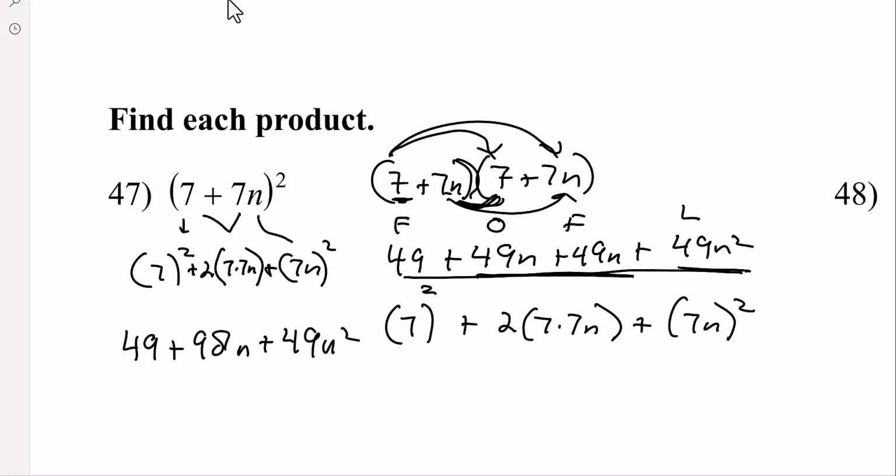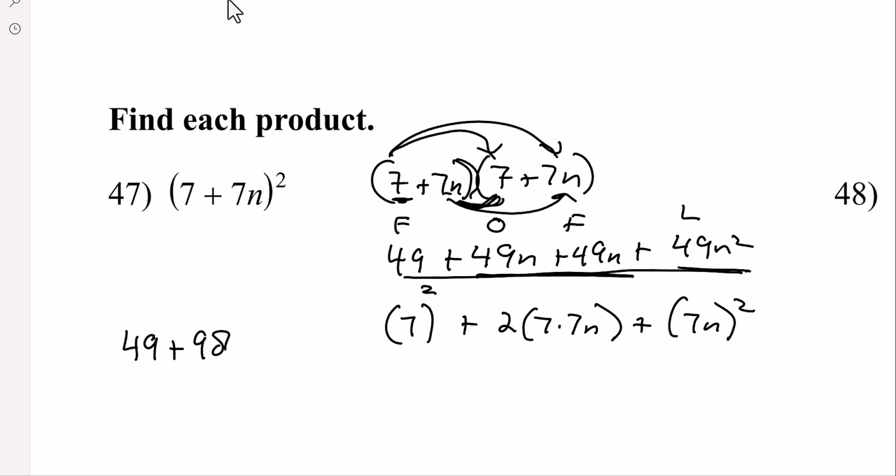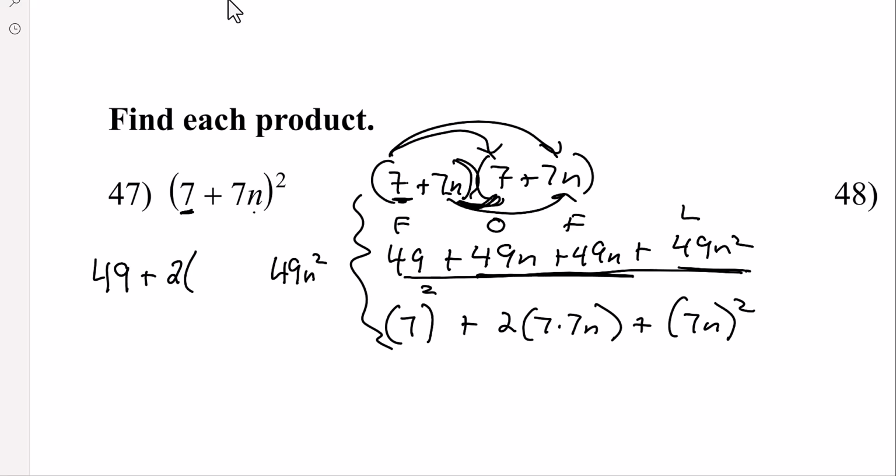Right, so let me show you the work that I'd expect to see. You can either do it this way, if that makes it easier, or notice that that's 7 squared is 49. 7n squared is 49n squared. If you have to, just do this part. 2 times 7 times 7n.